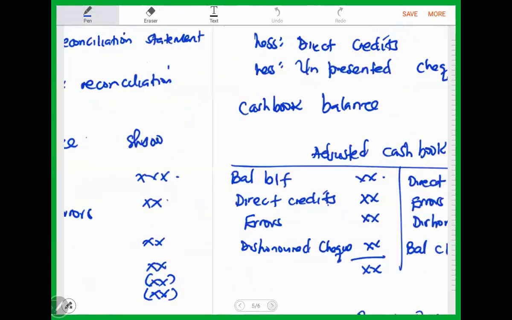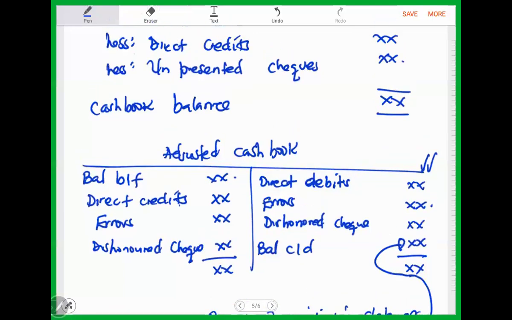And when we get to less these direct credits, when you were showing that there is money which was received in the bank, there is no transaction that is appearing in my cash book. So because there is nothing like a transaction in my cash book, I'm going to less this money which came in from the balance that I have in my bank. My unpresented checks: in the cash book, we are showing that we paid out money, but in the bank, they are not reflected. There is nothing that shows that indeed money was paid out.